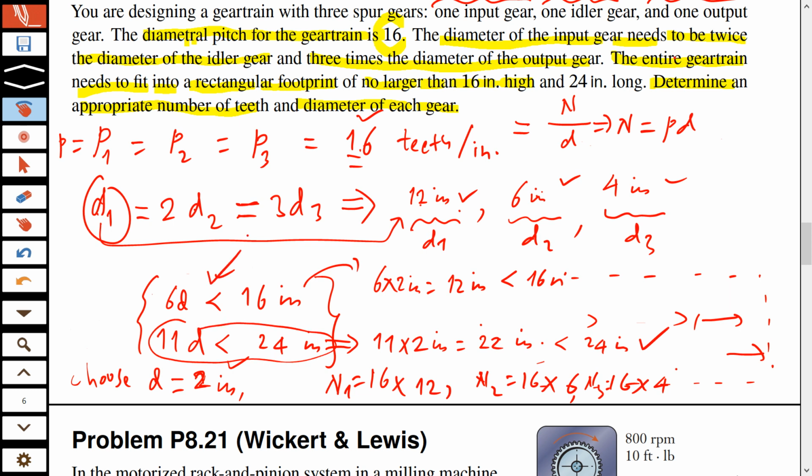Okay, so that was it. You can even work it this way. If you solve this one, it is D less than 24 over 11 inch, and this D less than 16 over 6 inch. So these two values can be compared, and then one of these inequalities will automatically include the other as a special case.